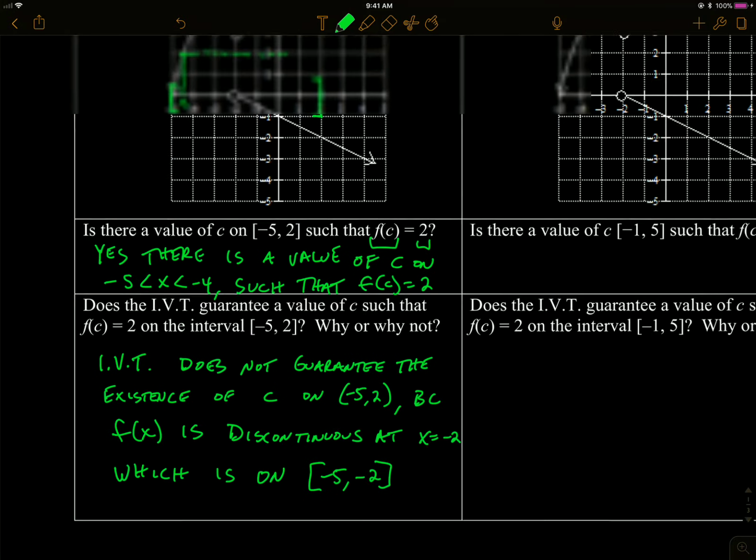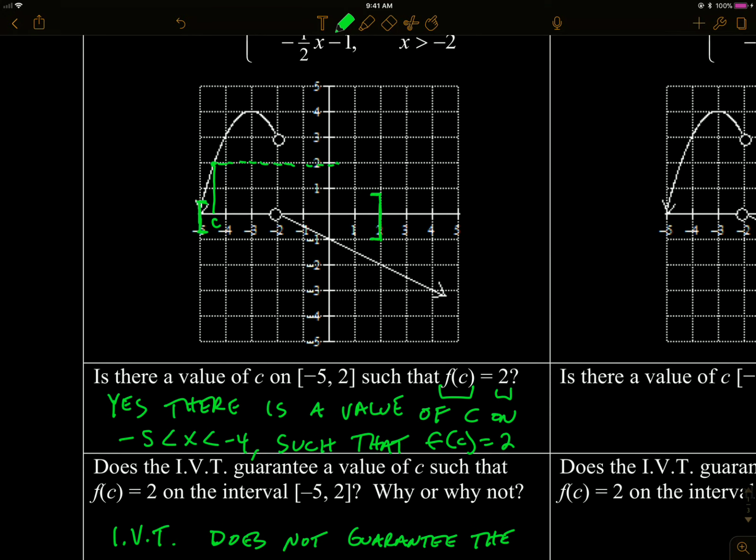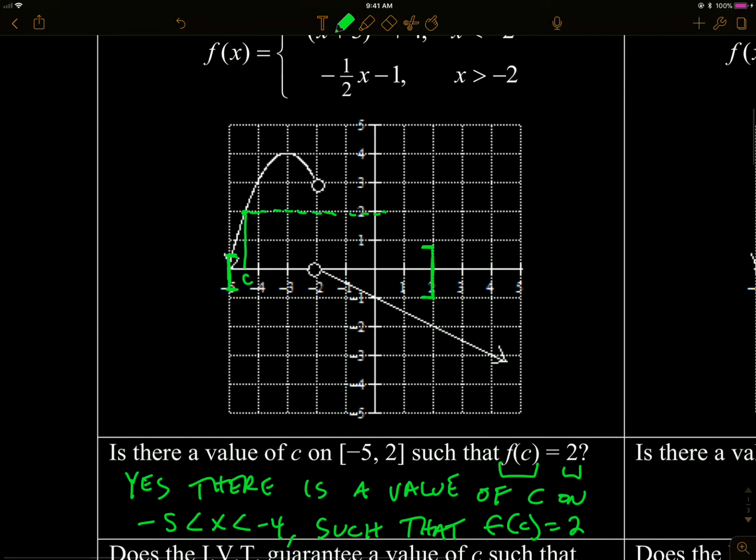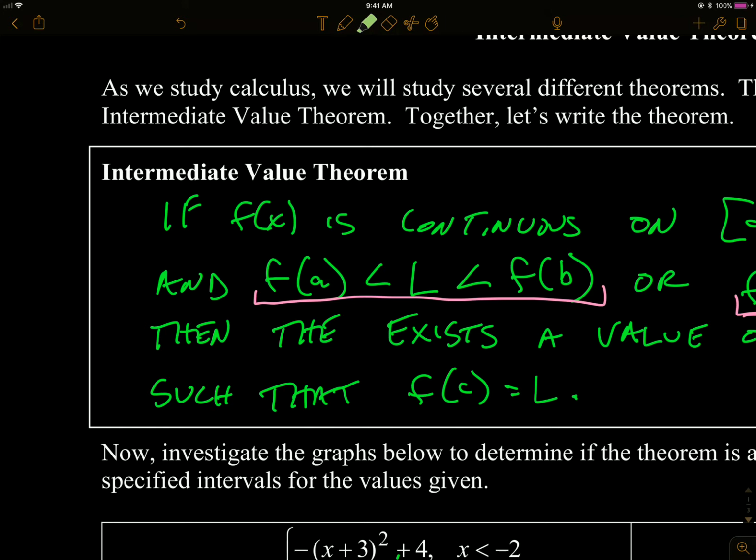So what we're trying to understand here is that, looking at the graph, it absolutely exists. But you cannot apply the theorem because on the interval we're concerned with, the graph is not continuous. So you can see this condition has to be met, first of all.